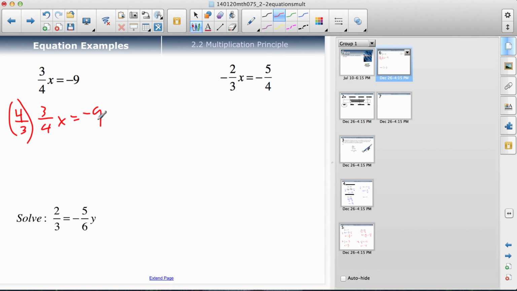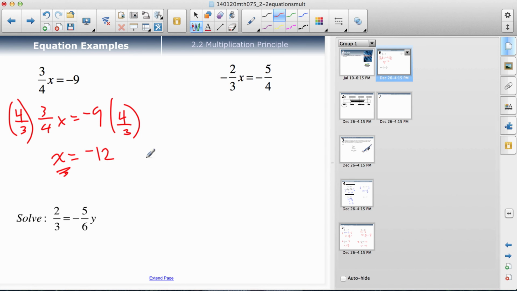And if I do it on that side, I must also do it on this side. Here, the 3's are a factor of 1, 4's are a factor of 1. Left only with an x on the left side, which is where I'm going. And then on the right side, 3 will go into 9 3 times. 3 times 4 is 12. So my answer is negative 12.